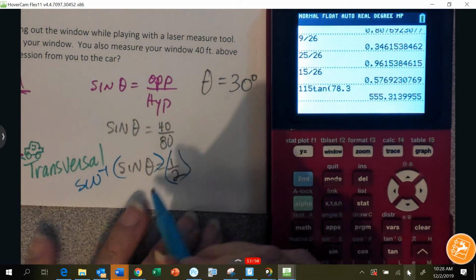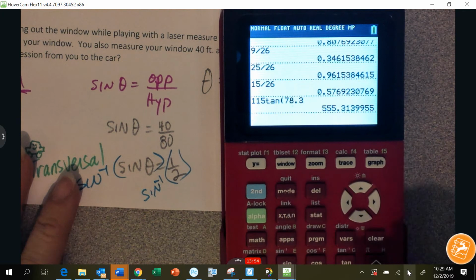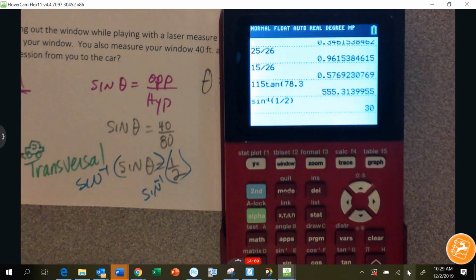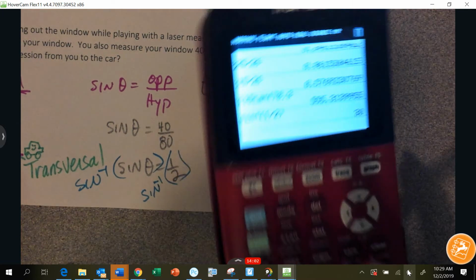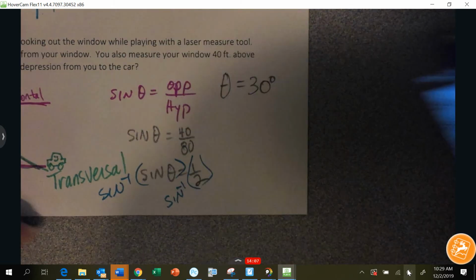So we're going to do that on both sides. And so on your calculator, you would do inverse sine 1/2 and get 30 for your degrees. But that takes way longer if it's one that I already know. Should be easy.